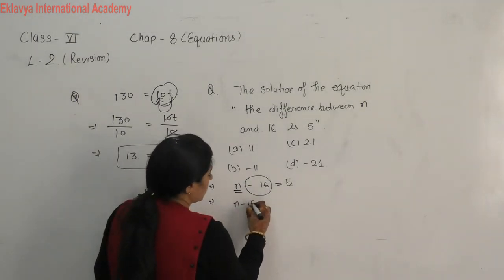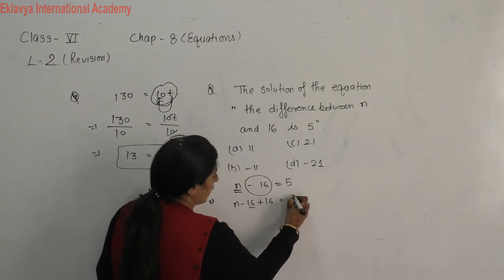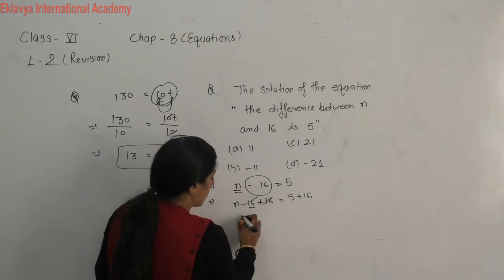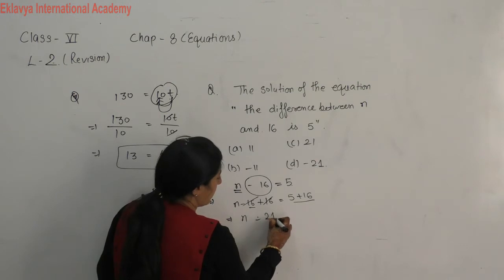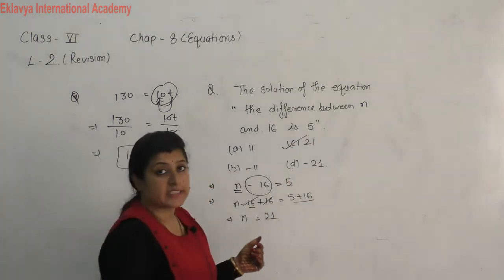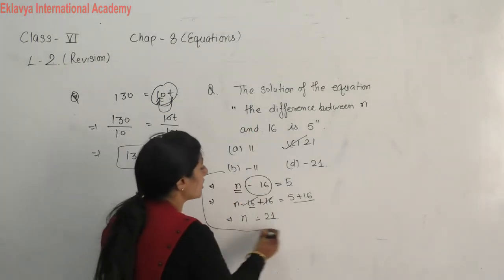The inverse operation of subtraction is addition, and we add the same number on both sides. Now this cancels out, leaving only n, and on the other side 21. So which option is correct? Option C is correct. Whenever you are solving an MCQ, show the solution also there.